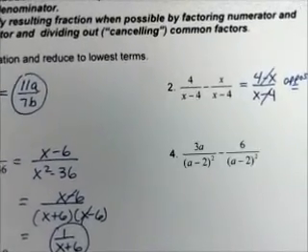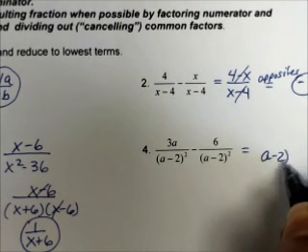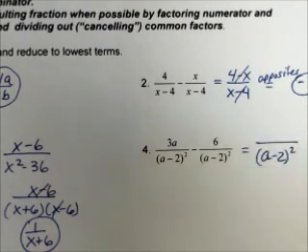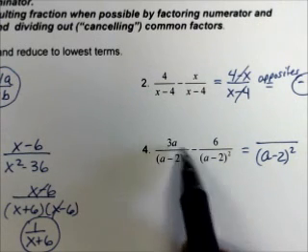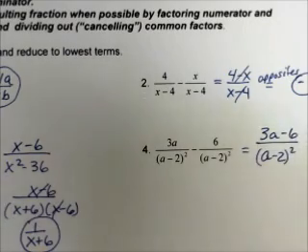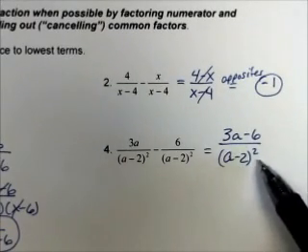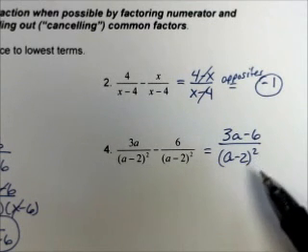Number 4, common denominator, a minus 2 squared. Numerator, 3a minus 6. Now again, we take this rational expression here, can it be simplified? And to do so, we factor.